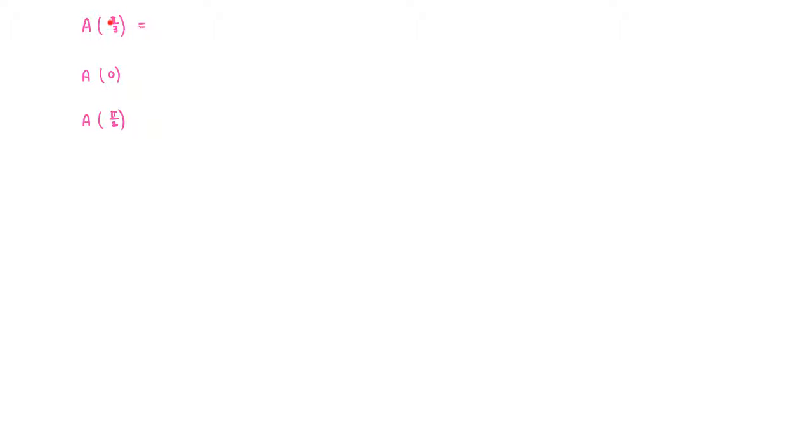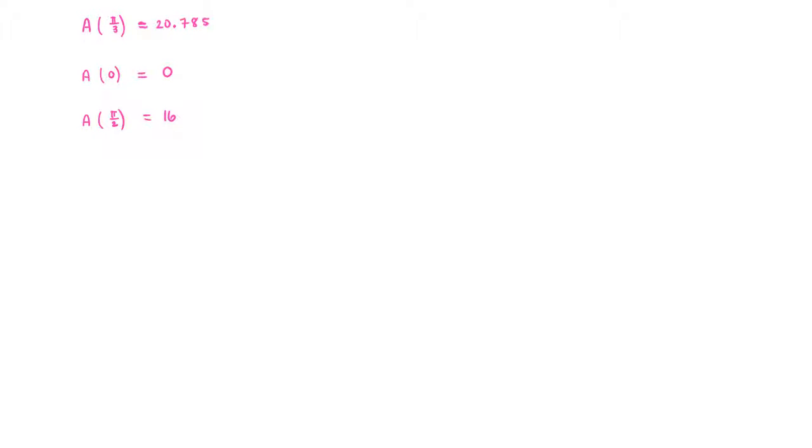We're going to substitute pi over 3 into the function itself, use our calculator to compute the result, and that result should be approximately 20.785. A of 0, when we plug 0 into the expression for A of theta, we end up getting 0. And when we plug in pi over 2, we end up getting 16.